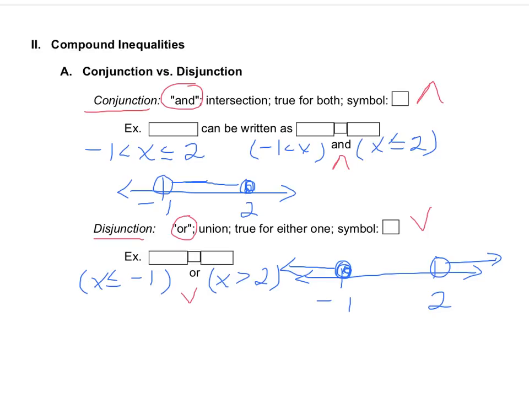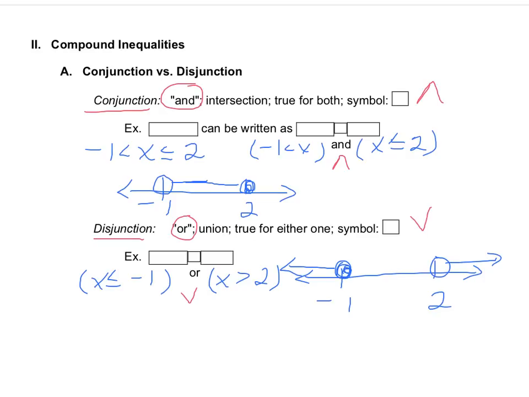So when it is a disjunction, it's read with the word or because nothing in the middle is shared, which means it could be this or it could be this. Going back up to the top, when it's a conjunction and you're using the word and, it means everything in the middle is being shared, so you definitely would say it with the word and.